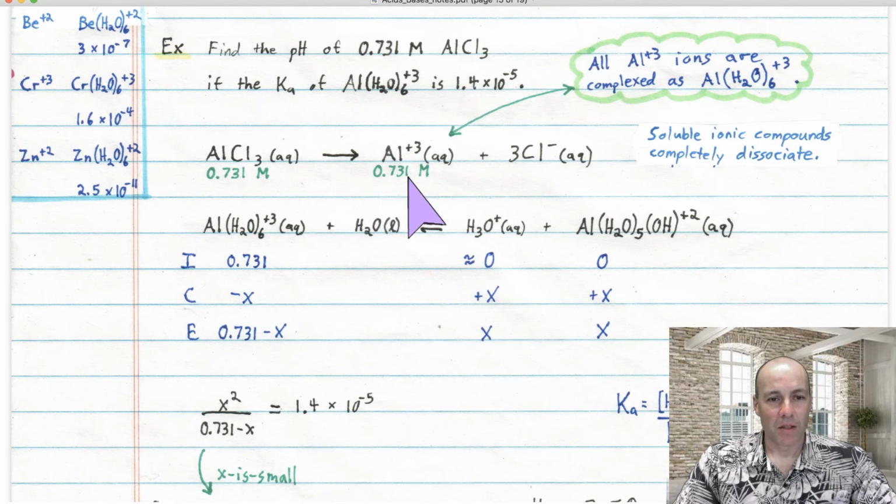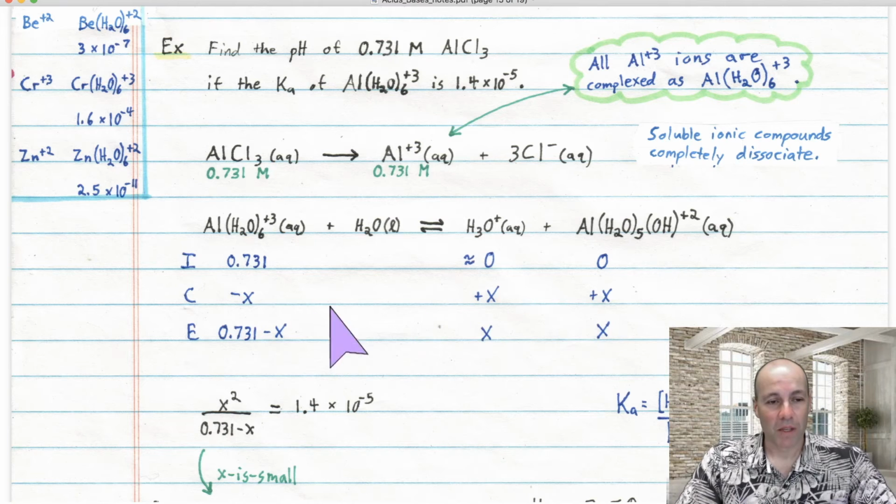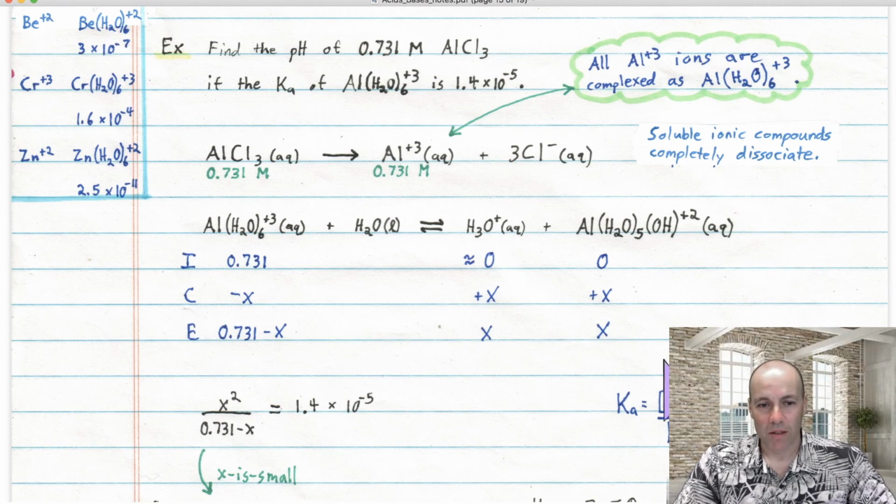And the concentration of the hexahydrate complex is 0.731 at the beginning, and ignoring autoionization of water, and there's nothing else there, so no products yet. To get to equilibrium, it loses X amount, and you gain X amount of products here and here. So at equilibrium, these are the concentrations.